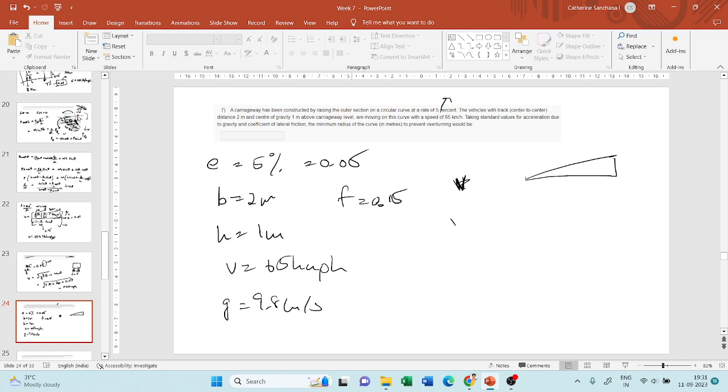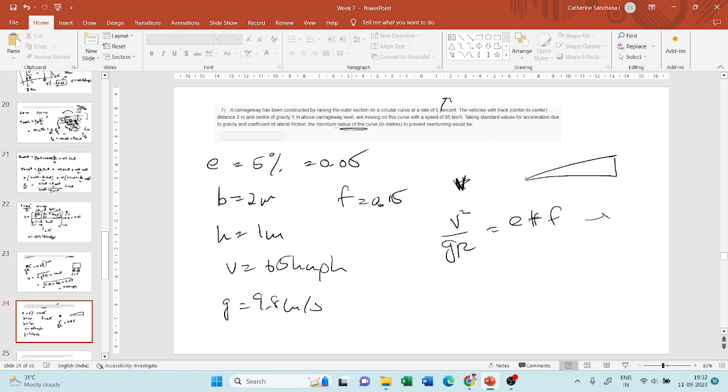We know that it is v square by gr is equal to e plus f, right? So you've been given all the other values, and you have to find out the minimum radius to prevent overturning.